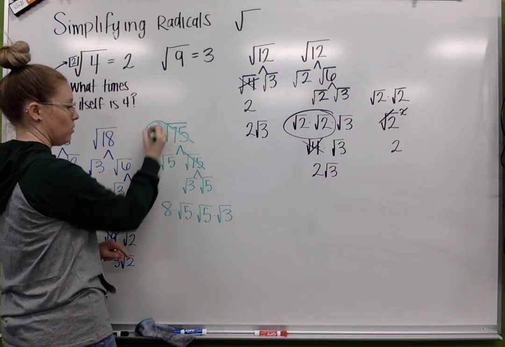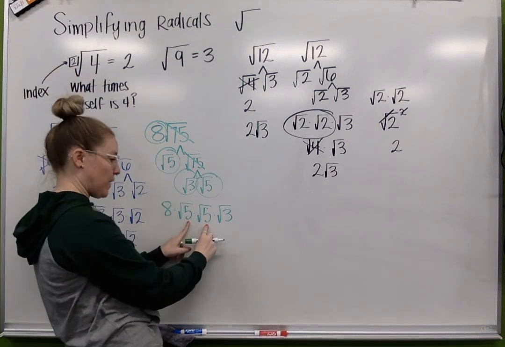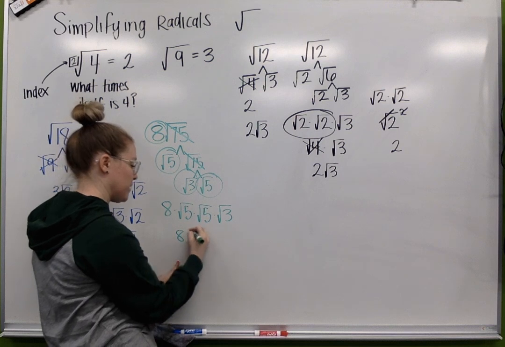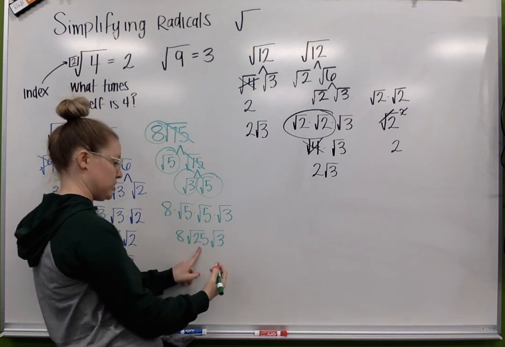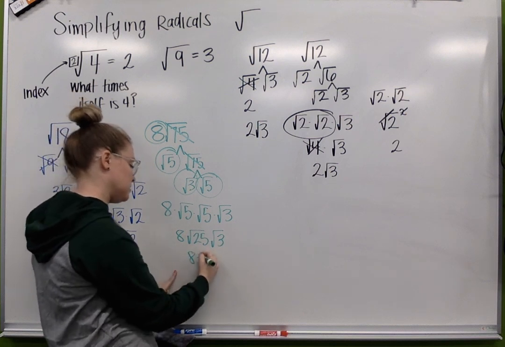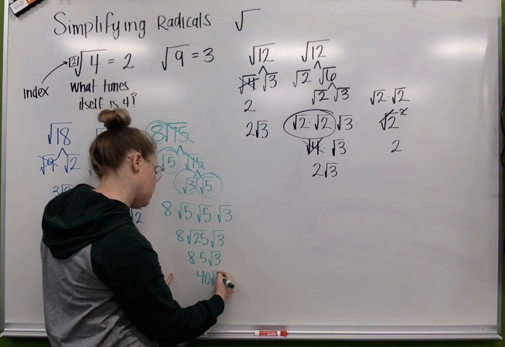So these 4. 1, 2, 3, 4. The square root of 5 times the square root of 5, that's the same as the square root of 25, which is 5. So this is 8 times 5 times the square root of 3. So there's 40 root 3.